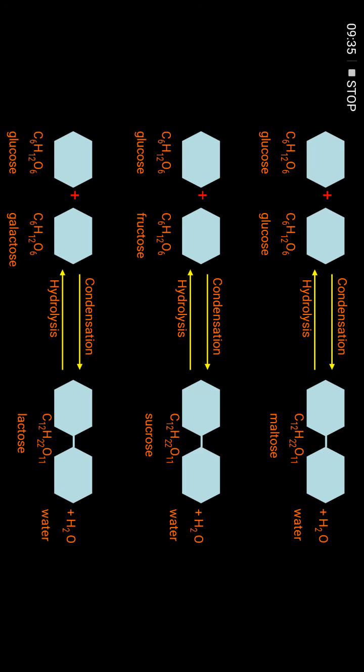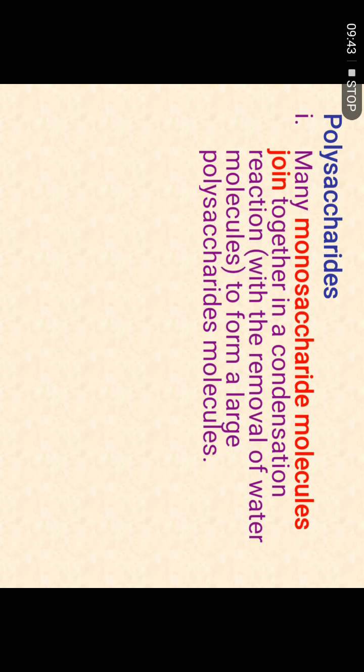water removal. Next you will see polysaccharide. As for polysaccharide, the definition is you have many monosaccharides, more than two. Actually it is more than a few hundred. It's not only two or three, it's about hundreds, even over a thousand.